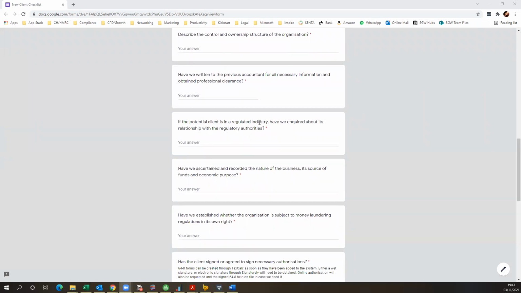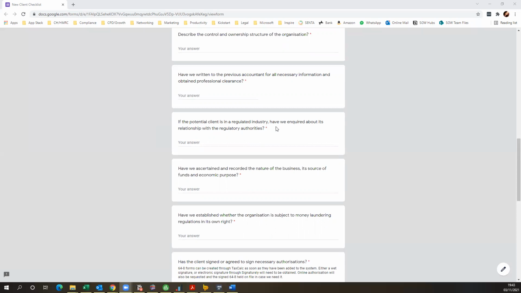If the potential client is in a regulated industry, have we inquired about its relationship with the regulatory authorities? Regulated industries could be anything like solicitors, or maybe another accountancy firm. I don't know why we'd be doing the accounts for another accountancy firm, but you never know. The travel industry, because they'll be regulated by the CAA, or what's the other one?